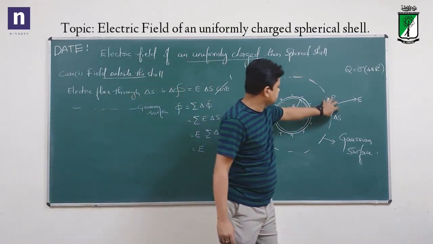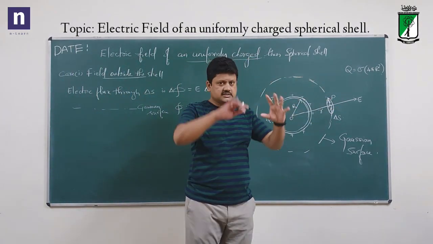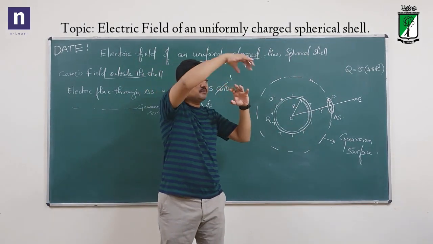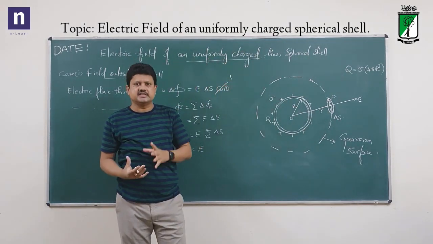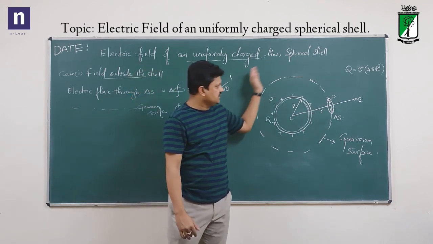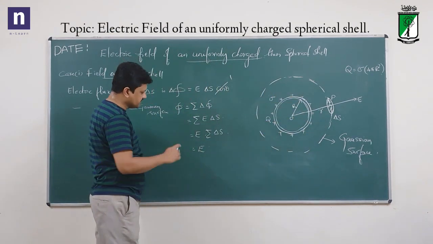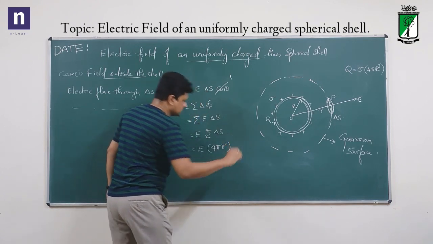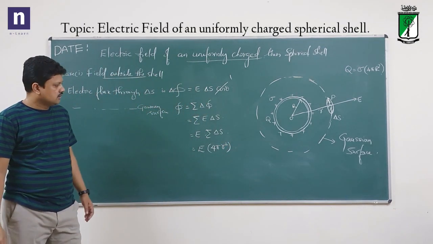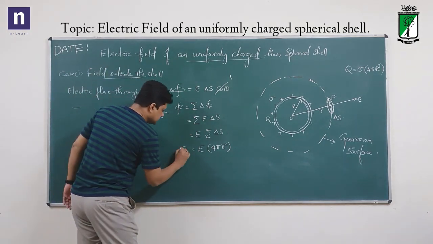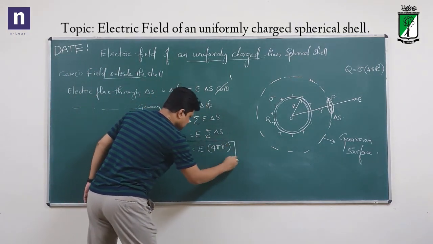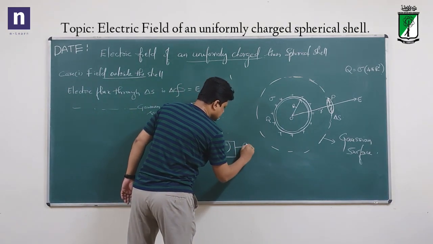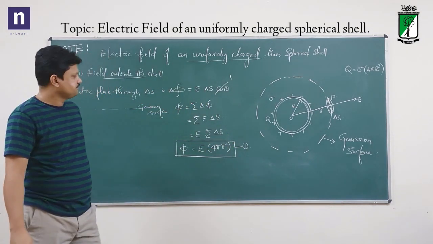Sum of all these delta S areas. It's an imaginary sphere on which delta S is a small area. If you add up all the small delta S areas, you get the surface area of the outer sphere, which is 4 pi r square. So this is the flux through the imaginary Gaussian surface. I will call this equation 1.